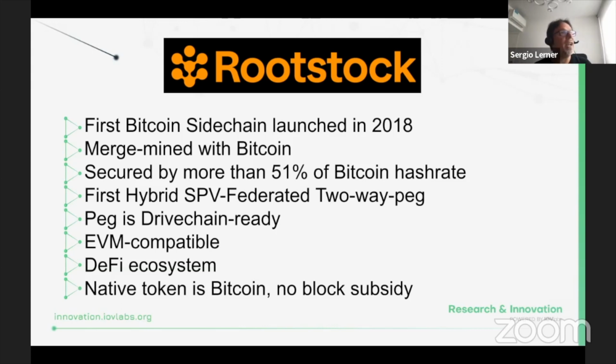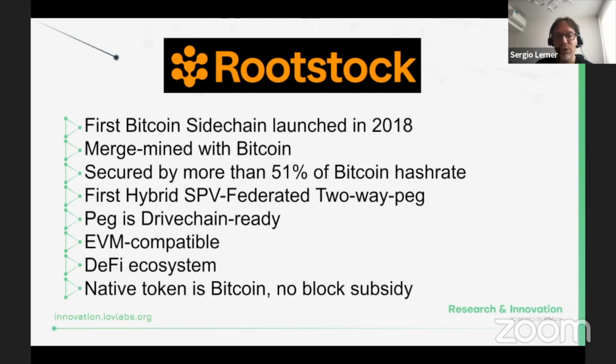So if at any time in the future, and we really expect, and we are pushing this to happen in the following years, the Bitcoin community implements a drivechain, then from the Rootstock side, we will be able to switch our peg and become a fully decentralized layer 2 and sidechain of Bitcoin. Another property: it is EVM compatible. So you take your Ethereum application, you can compile it and deploy it on Rootstock, maybe without any change or maybe with very little changes, and you have it running on Rootstock.